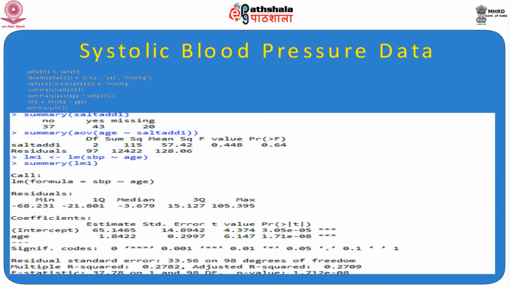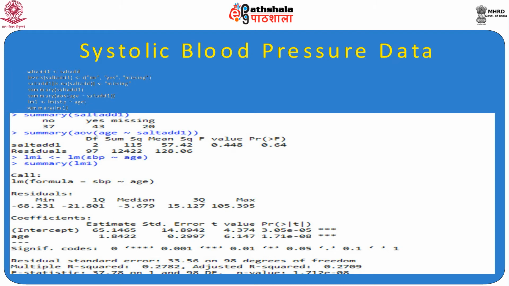Now we have considered the linear modeling, and in this linear modeling we have used LM to find out the age-wise systolic blood pressure difference. The results show that there is a significant difference of age with systolic blood pressure. The age regression coefficient is coming 1.8422 with standard error 0.2997, and t value is coming 6.147 with p value 1.71 multiplied by 10 to the power -8.